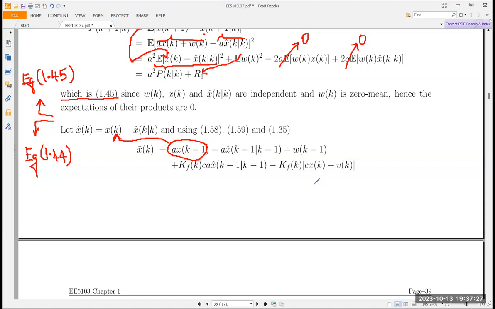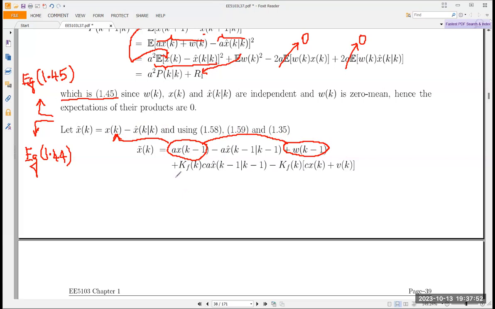Okay? This plus this is equal to this. Okay, is equal to this. Then the rest is equal to this. Go and see. Okay?